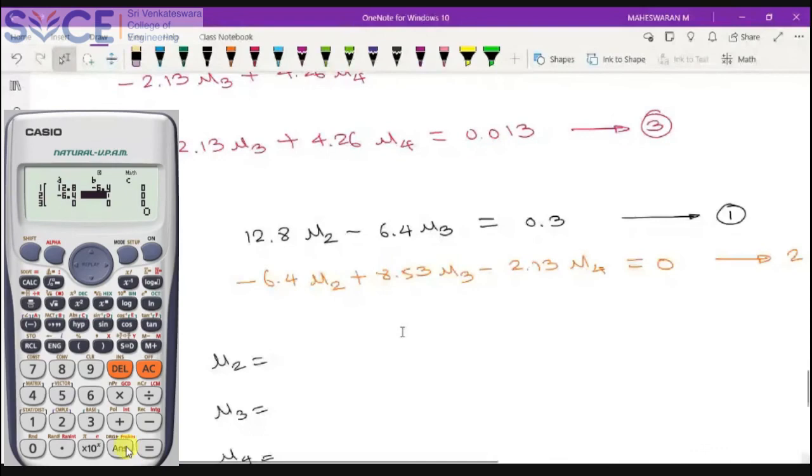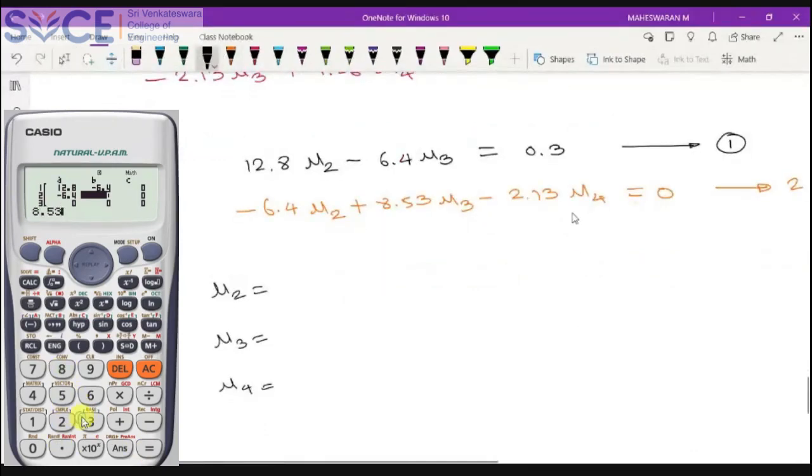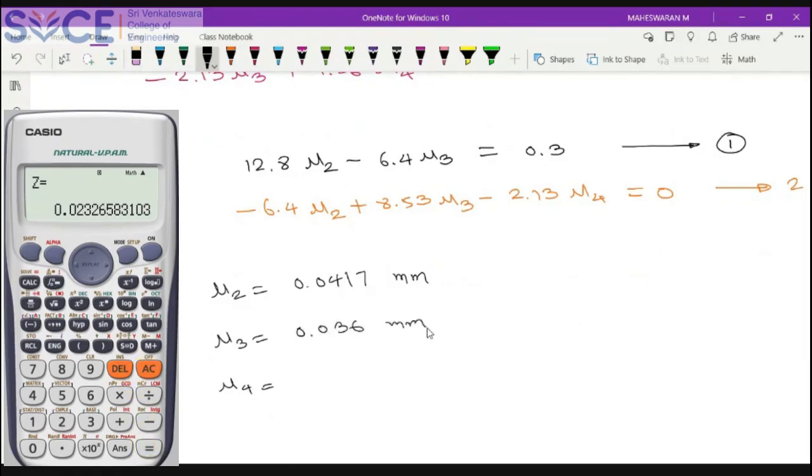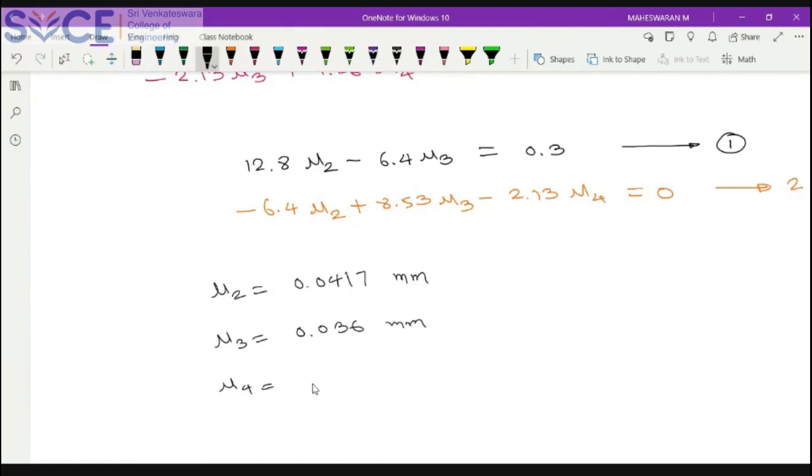First one, U2. Okay, 0.0417. Okay, thank you. Second one, U3. 0.036 mm. U4. 0.02 mm.